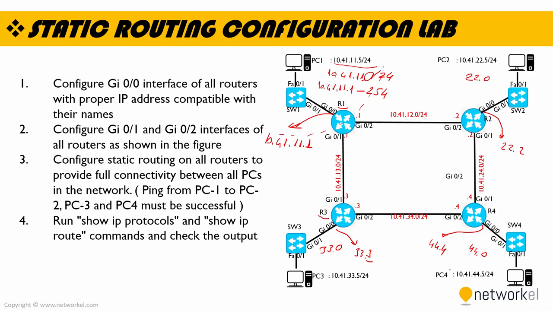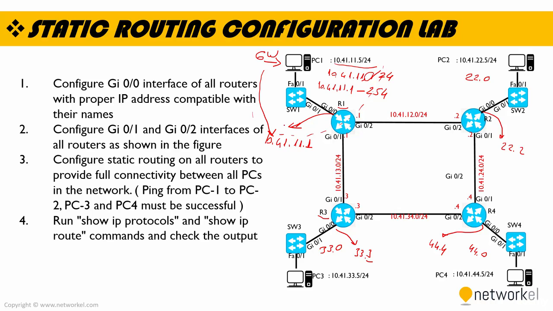And please pay attention that these IP addresses that I have given to the GIG0/0 ports should be configured as the default gateway on our PCs. The gateway of this PC should be this IP address, right?